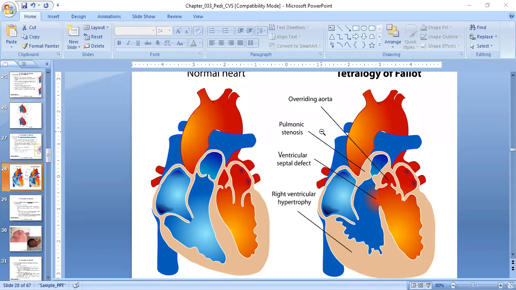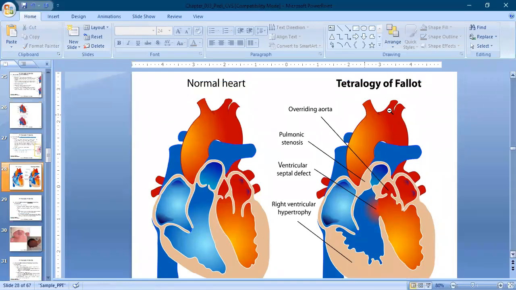Congenital heart problems are anatomical abnormalities of the heart: tetralogy of Fallot, overriding aorta, pulmonary stenosis, ventricular septal defect, or right ventricular hypertrophy. All of these are congenital anomalies.